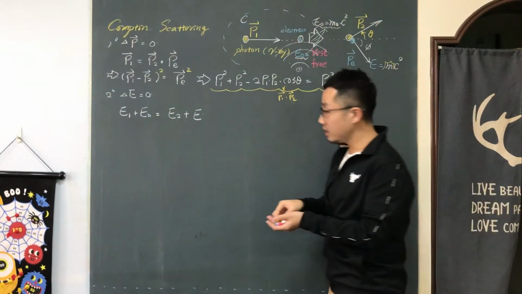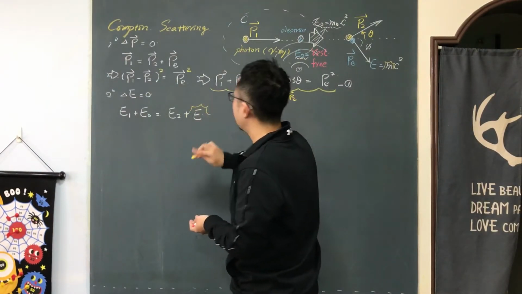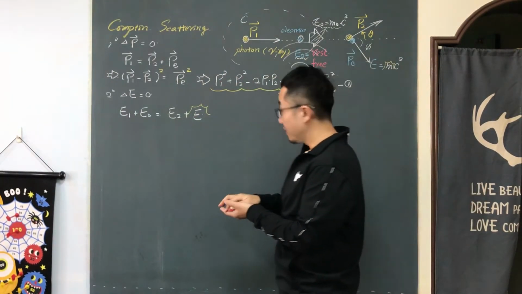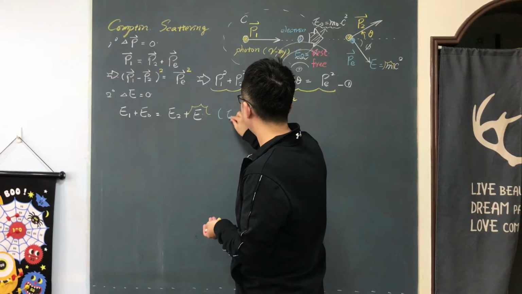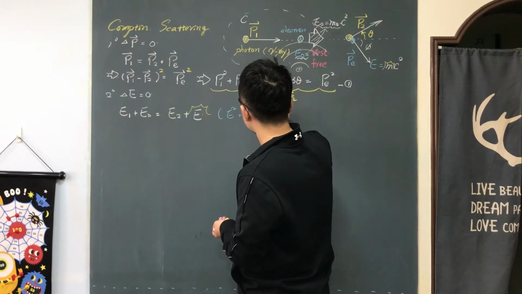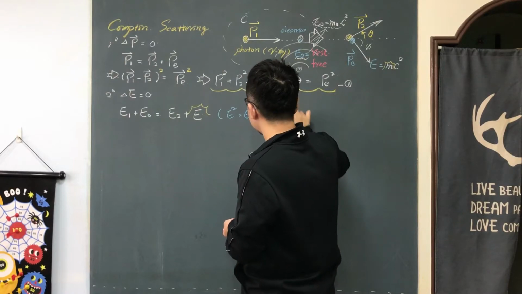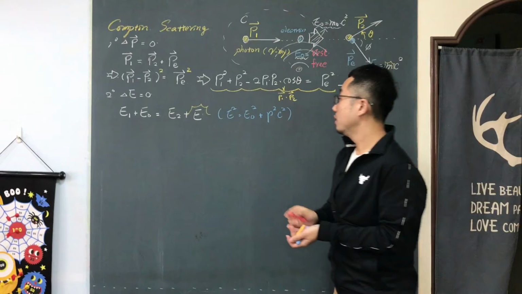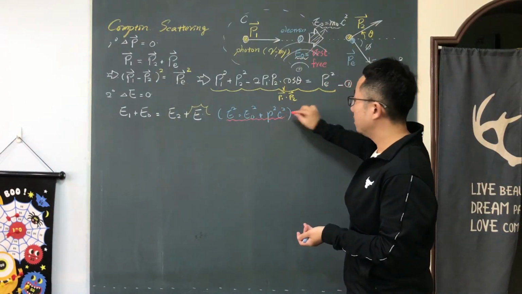Let me remind you, in order to simplify all this calculation, that E squared is equal to E naught squared plus P squared times C squared. And this is so useful. You need to remind yourself a little bit.